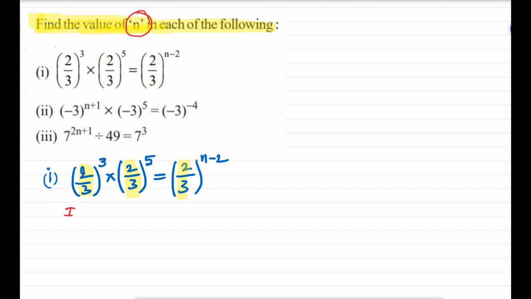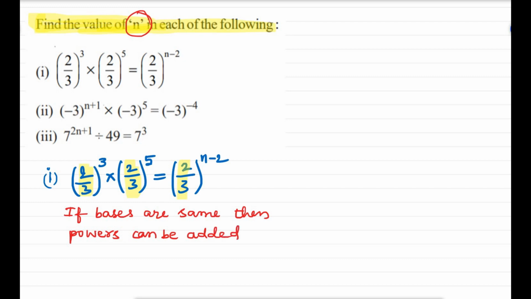If bases are same, then powers can be added. So use that rule.